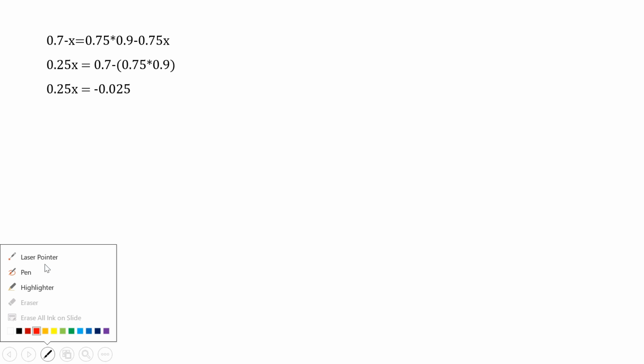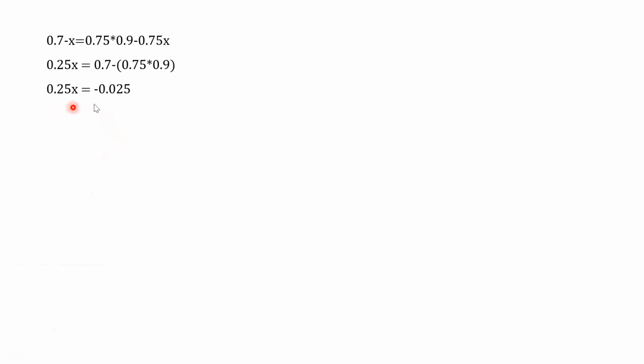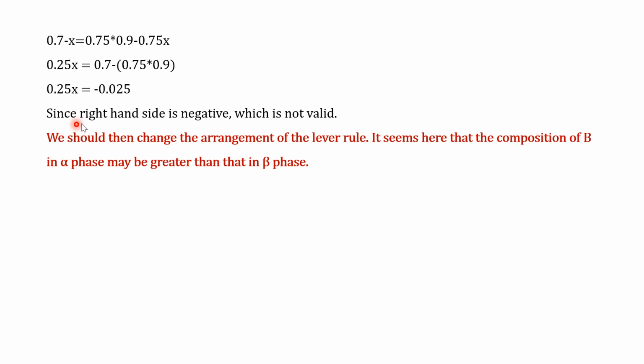Yeah, so then what will be x in this case? x will be 0.025 by 0.25, right? And we can see here that there is a minus. So the initial assumption that the alpha composition is less than 0.7 will be wrong. The right hand side is negative, which is not valid.